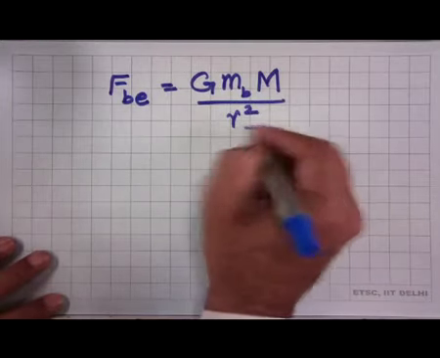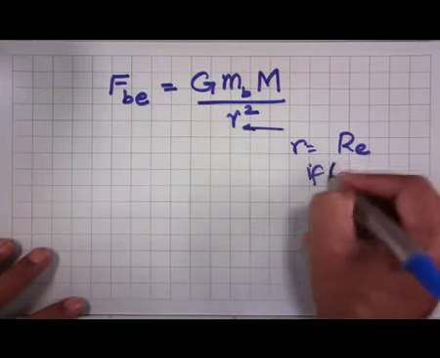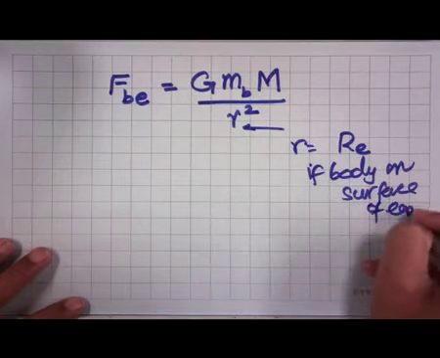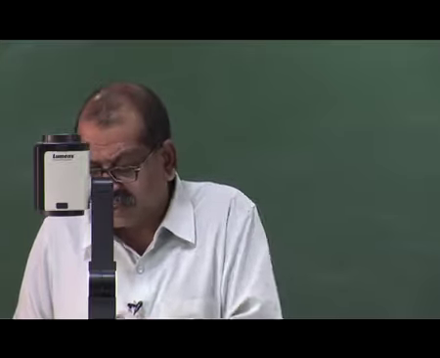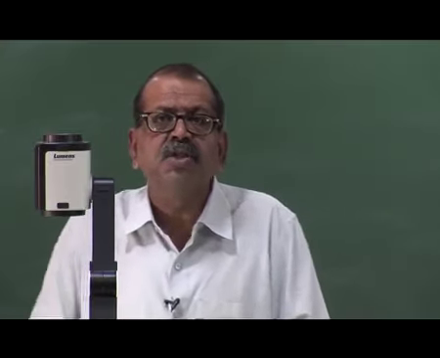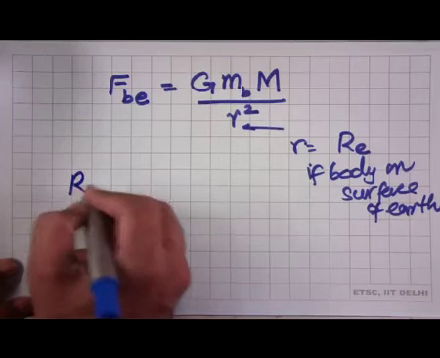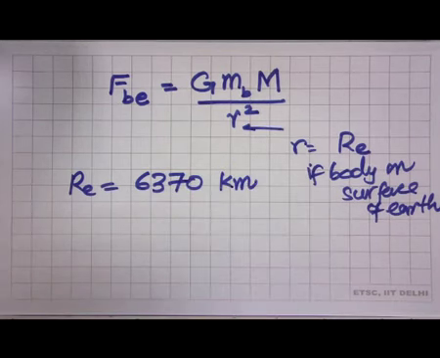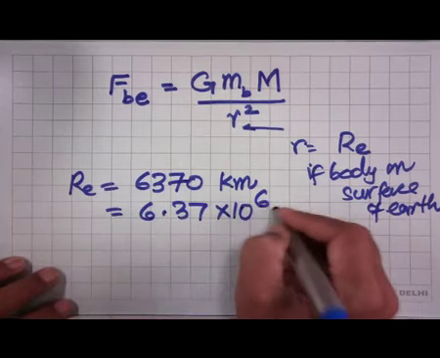And this r, if the body is kept on the surface of the earth, will be equal to the radius of earth. At least for purposes of solving problems right now, even if the body is slightly away from the surface of the earth, we can still assume r to be the radius of the earth, because the radius of earth is 6370 kilometers, which is 6.37 into 10 to the power of 6 meters.